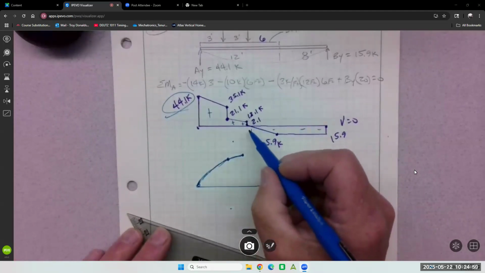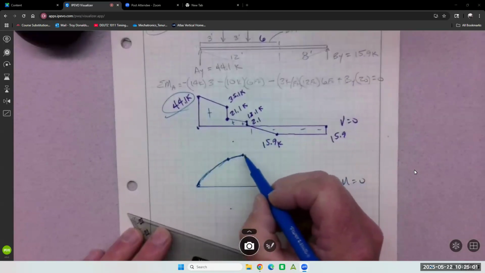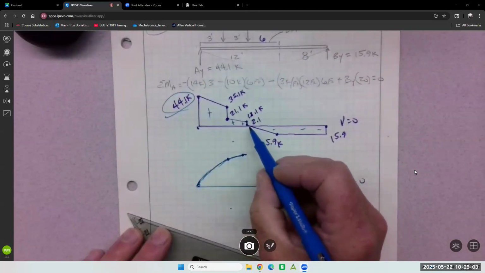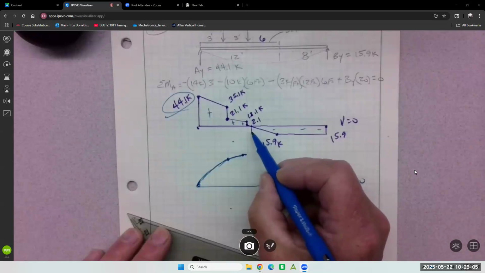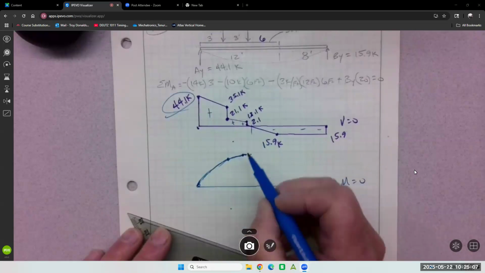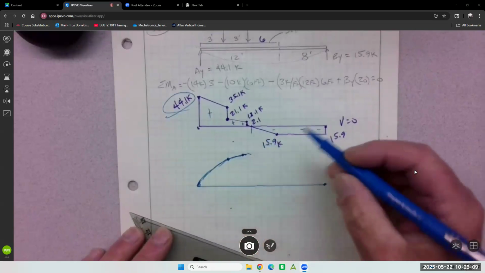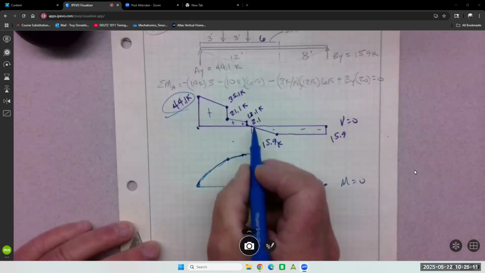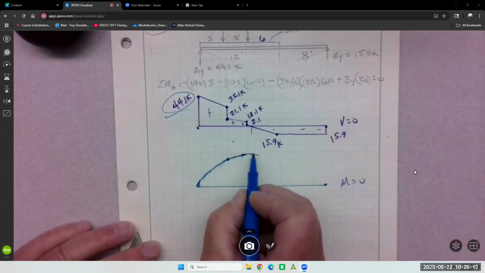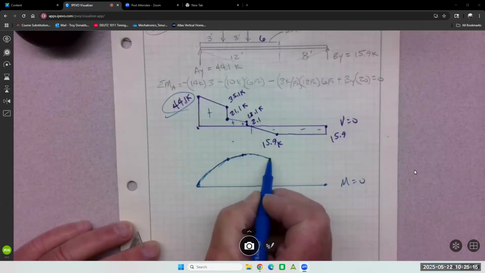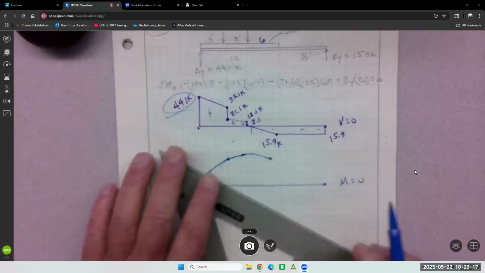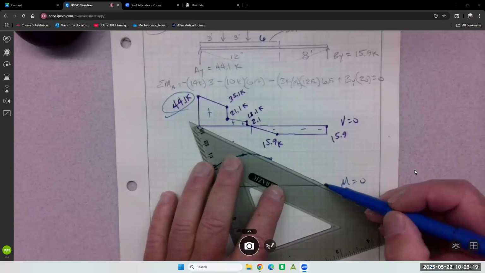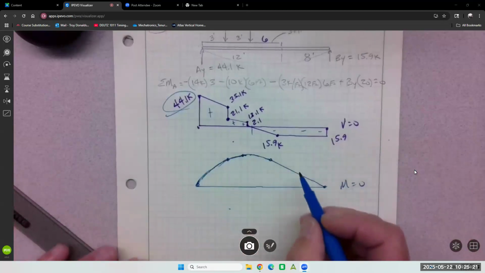Then it stays positive just for a second, this little bit right here, and then it goes to 0 right there. Then it goes negative, barely negative. So this is a nice transition tangent curve to here. And then from here, it's a straight line. So that's straight.